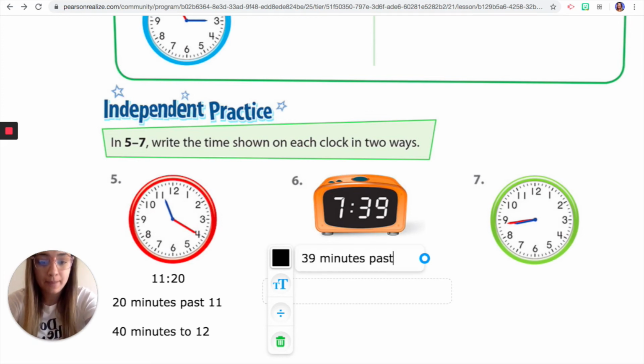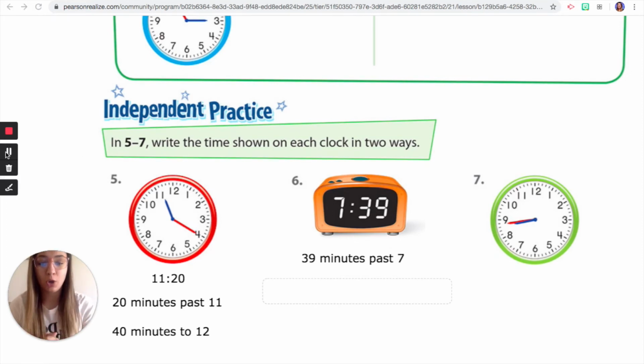And I'm going to say past, and whatever the hour is what I'm going to put. So that would be 7. So this clock says 39 minutes, which is right here, past 7. So the next part that we're doing, we need to say how many minutes until or to it gets to the next hour, which if we have 7, it would be 8.